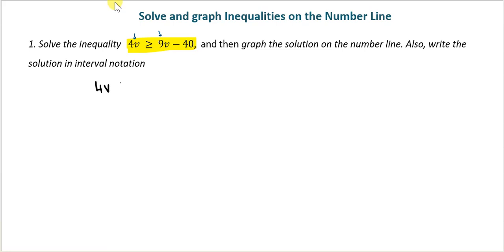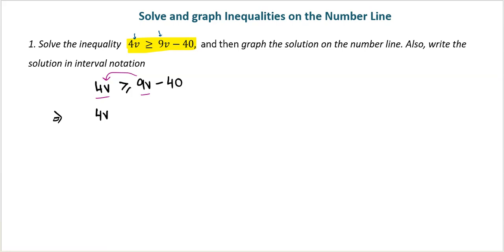So we have 4v greater than or equal to 9v minus 40. To solve this, we will bring both the terms of v together on one side. So we'll move it to the left side. This will give you 4v.